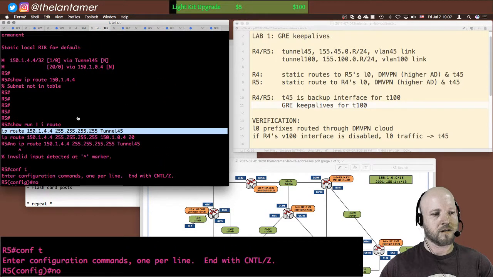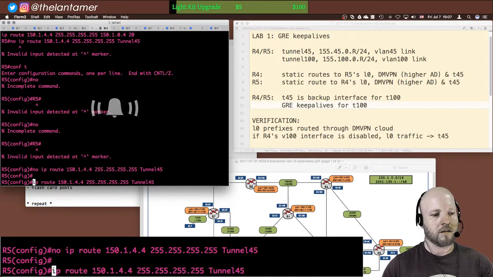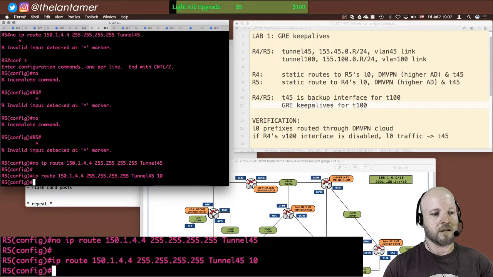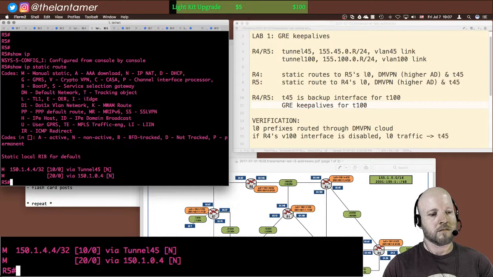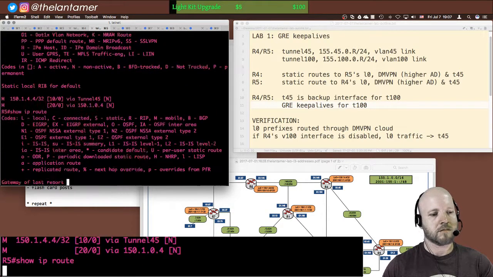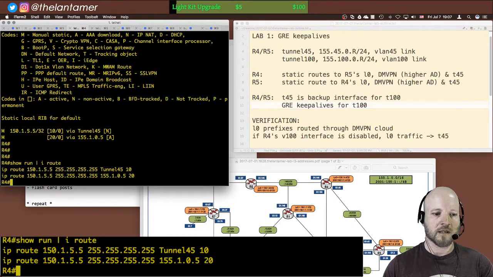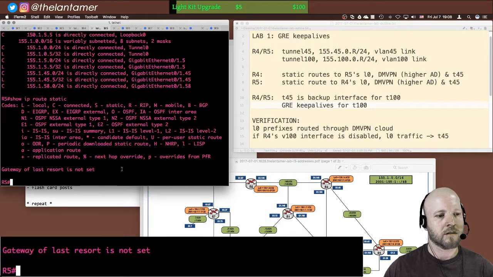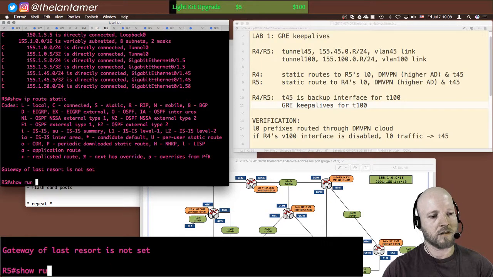IP route. Copy. 10. Okay. Now this still says not available. Look at that. Show run.